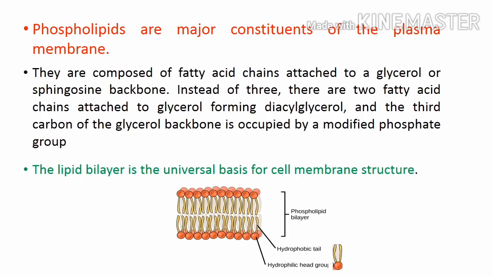Instead of three, there are two fatty acid chains attached to a glycerol forming diacylglycerol, and the third carbon of the glycerol backbone is occupied by a modified phosphate group, as we have seen in the previous diagram. And here the lipid bilayer is the universal basis for cell membrane.